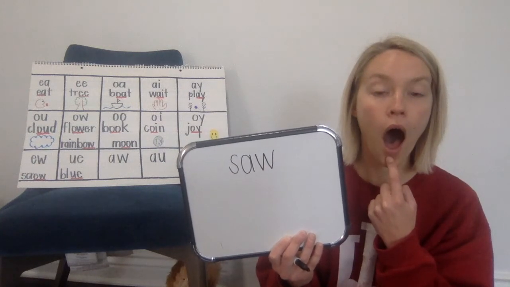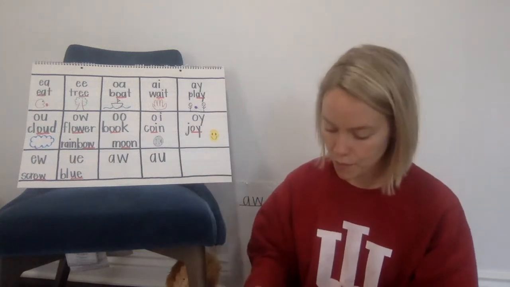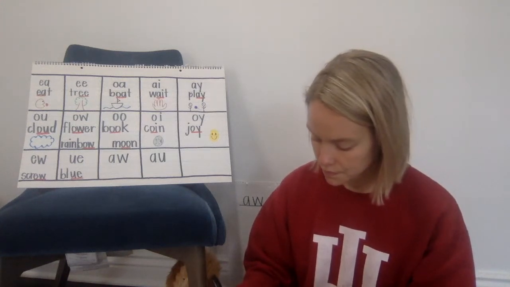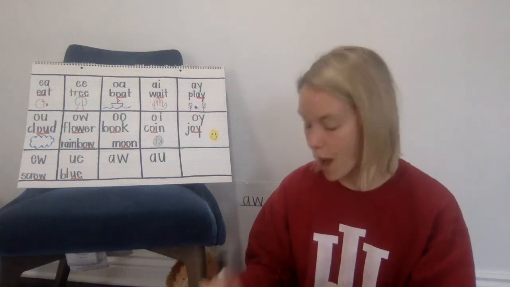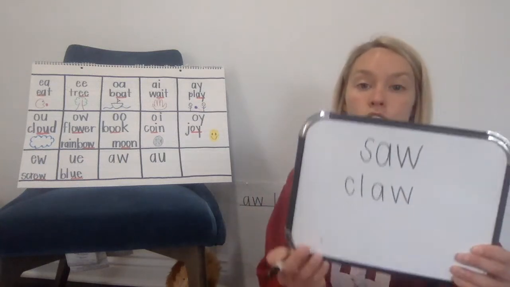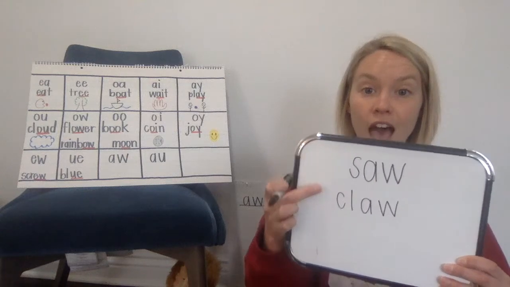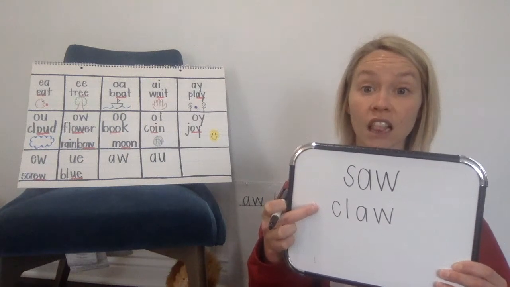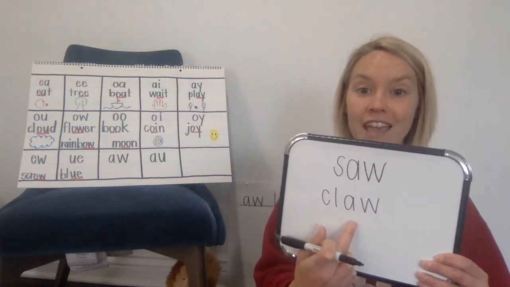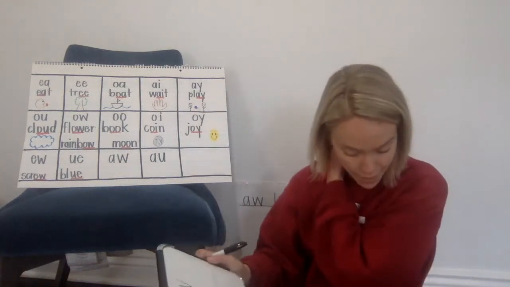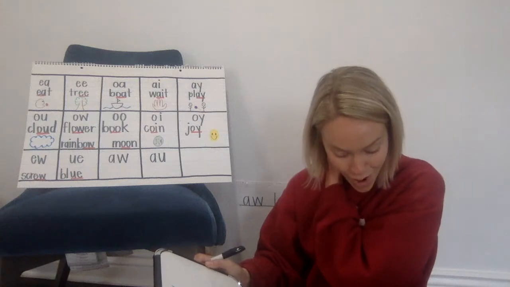Claw. Go ahead and change that now. So I changed the word saw to claw. I changed the beginning sound s. I changed it to the blend cl, and then I kept the AW to make that "aw" sound. Awesome.